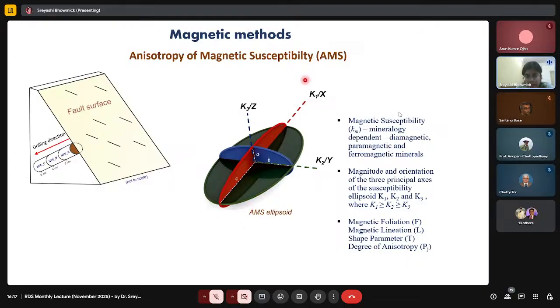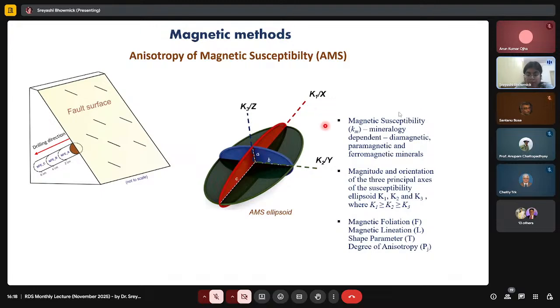Basically, my K1 and K2 axes define the magnetic foliation, which is comparable to the XY plane. Therefore, K3 becomes the pole to it. And K1 is parallel to the X, that means it is the maximum stretching direction. So this forms the magnetic lineation.